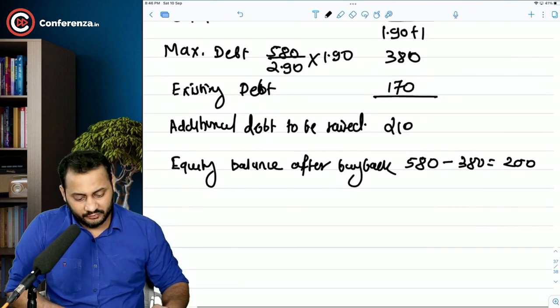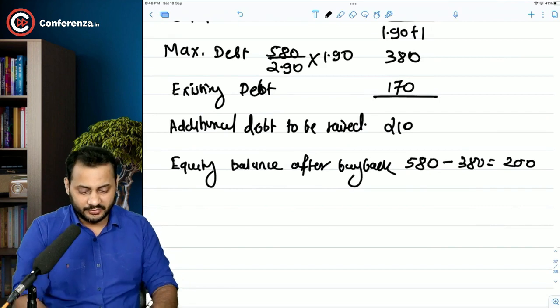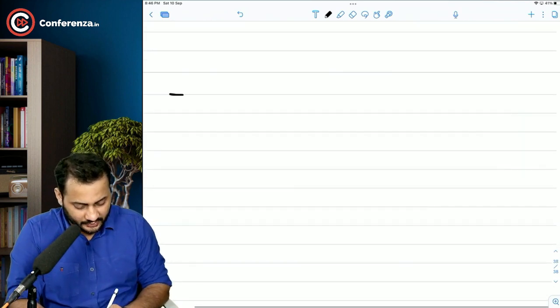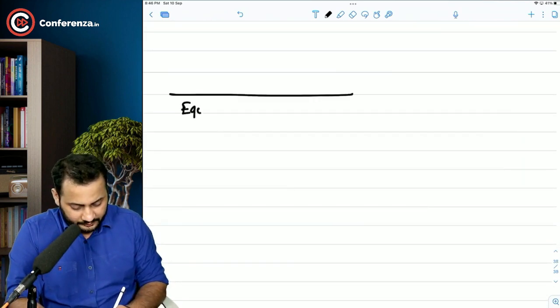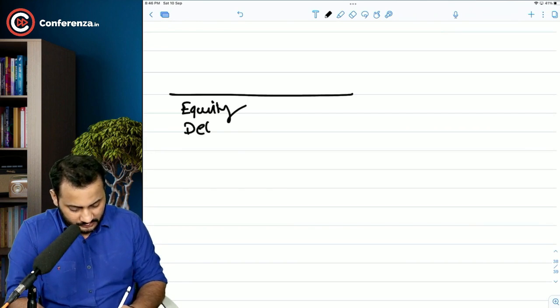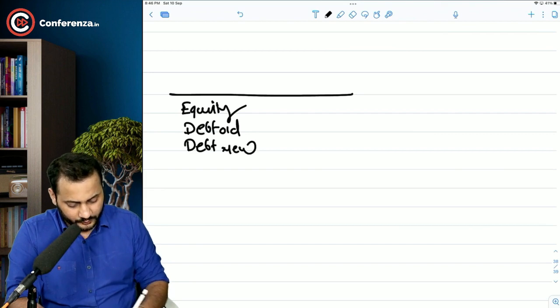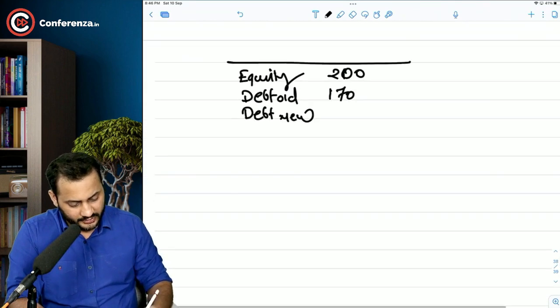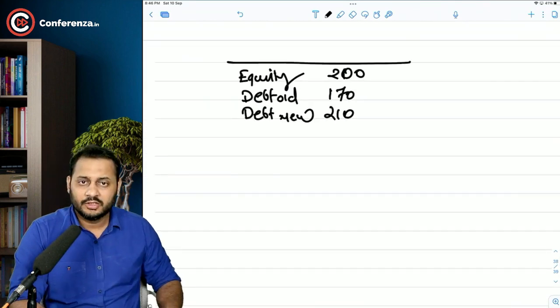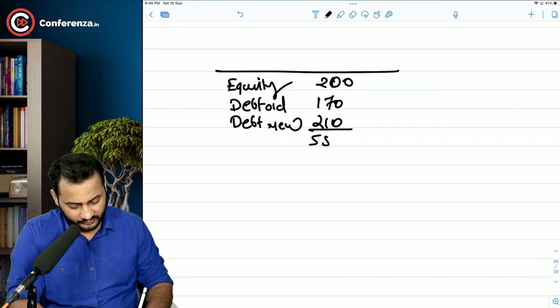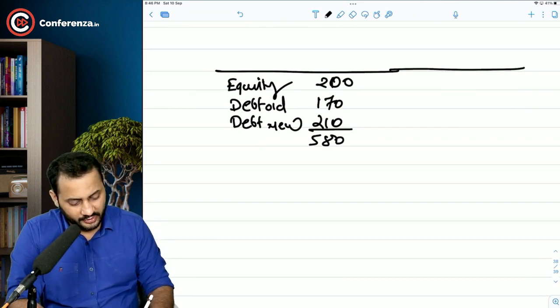So we have three different types of capital structure. I will just write it down here: equity 200, debt old 170, debt new 210, total 580.